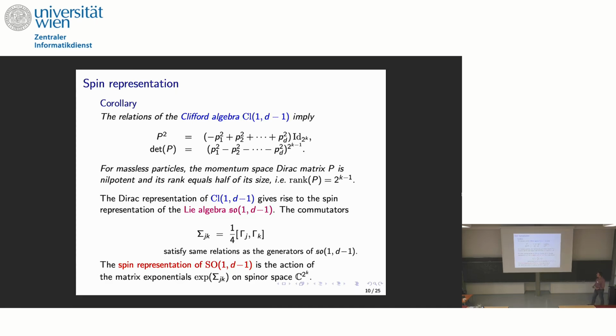If you apply the matrix exponential to these big square matrices, then you get big square matrices, and they form the spin representation of the Lie group, SO. That is the spin representation of the special orthogonal group.